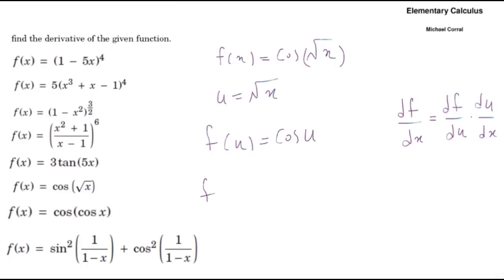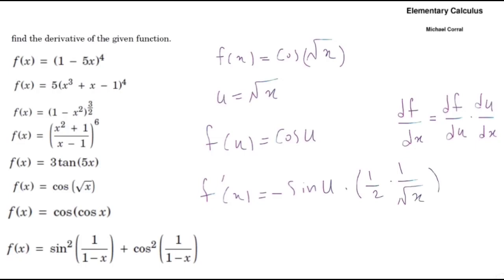So f prime of x equals df with respect to u, which is negative sine u, times du with respect to x, which is 1 over 2 times 1 over square root of x.